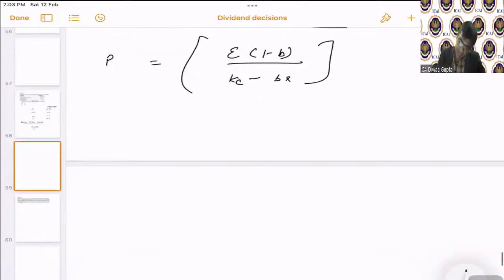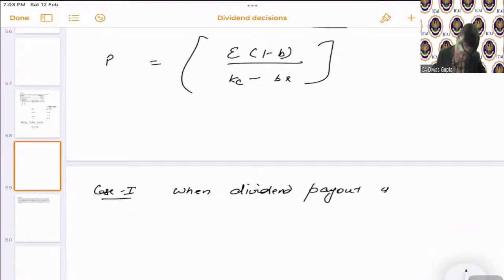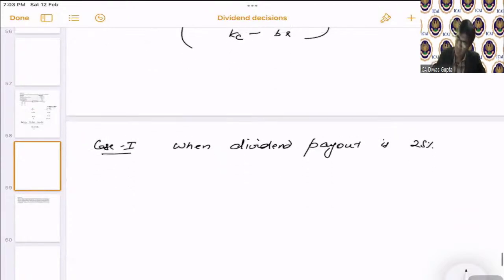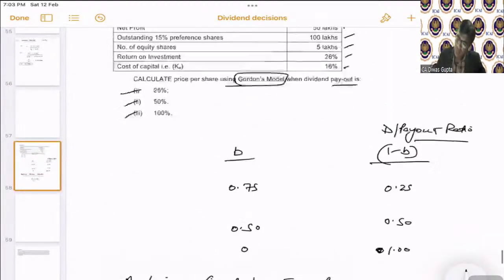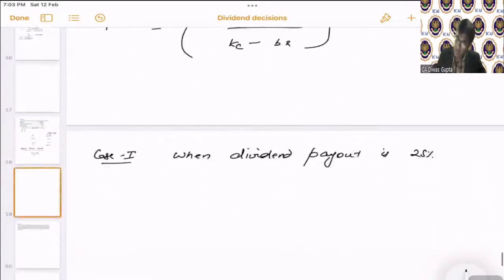Now, for the first case, case number 1, when dividend payout is 25%. In such a case, we have to calculate, students, the earnings also first.